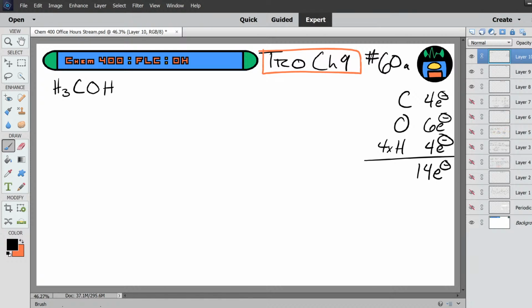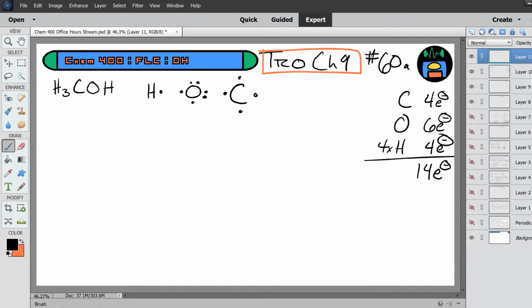Now, given the choice between hydrogen and oxygen, oxygen is a better central atom because of the 2 unpaired electrons. It likes to make 2 bonds. But carbon has 4 unpaired electrons, so we're going to roll with carbon.